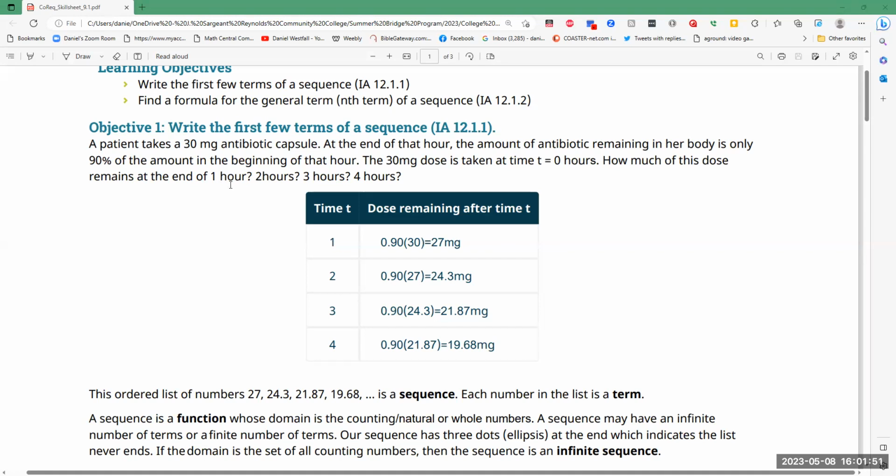And then at the end of the next hour, we'd be left with 21.87 milligrams. And at the end of the next hour, we would have 19.68 milligrams. If you talked about exponential functions in pre-calculus part 1, this is going to be exponential decay.